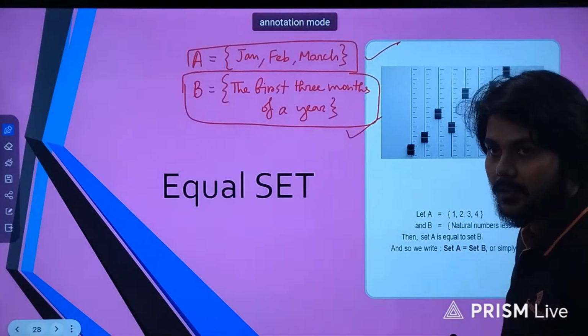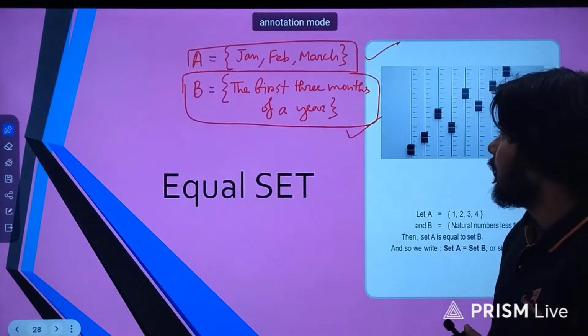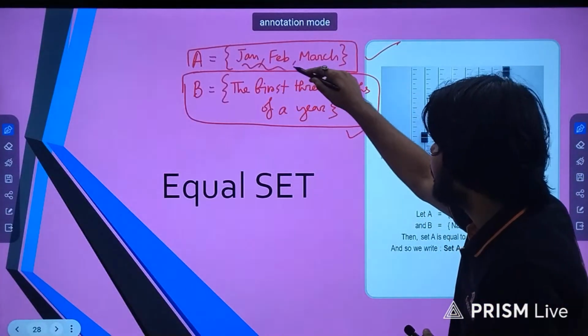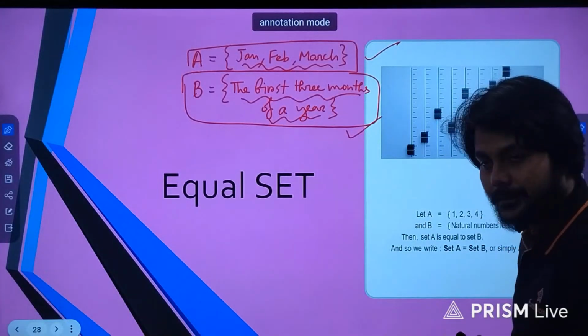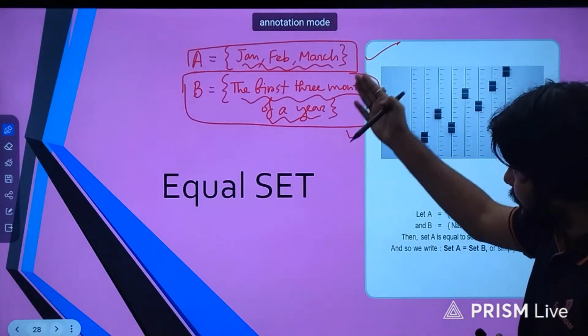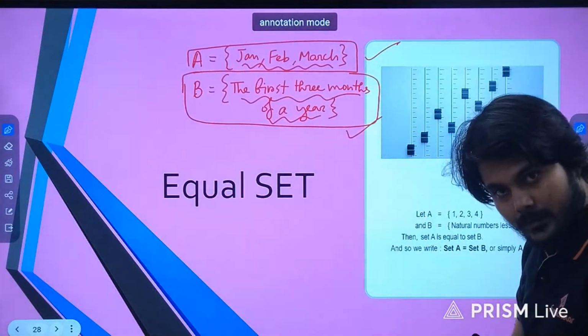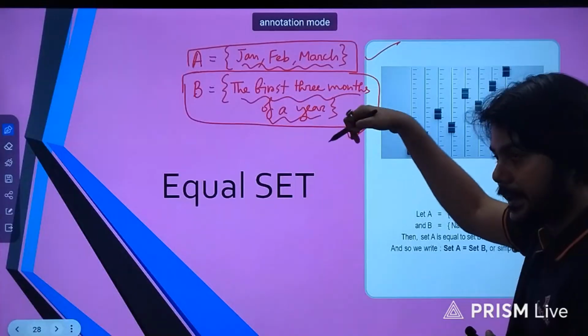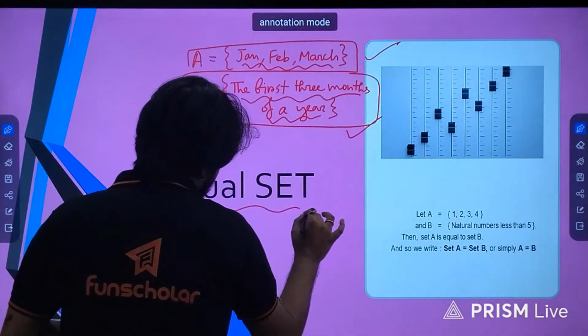Are they different or are they same? They are same. These elements refer to this statement. So these two have the same number of elements. These two sets therefore will be considered as equal sets.